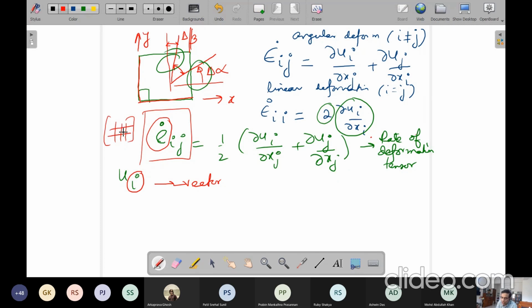So i will be from 1 to 3 and j will be from 1 to 3. Each of the rows of this matrix is like a vector. In fact, each of the columns of the matrix is also like a vector, because each row and each column will have 3 independent components.